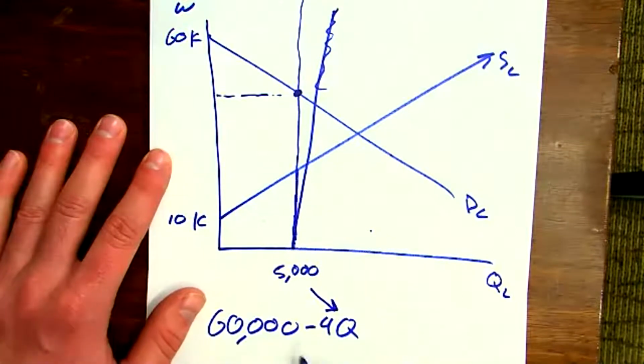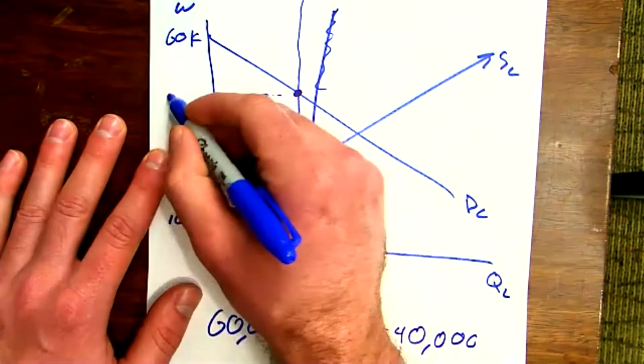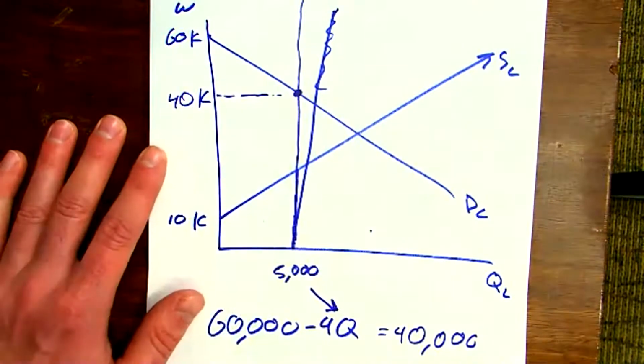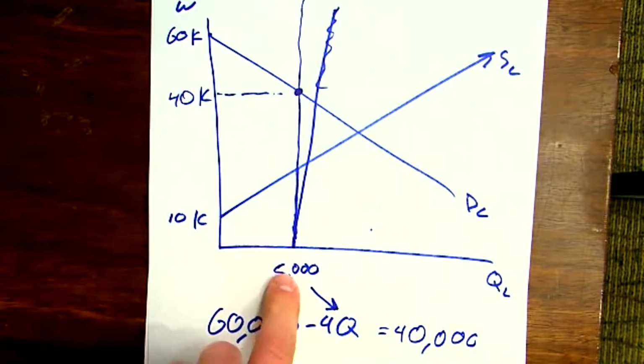So plug in that 5,000, 60 minus 4 times 5,000 should just be, I think, 40,000 here.